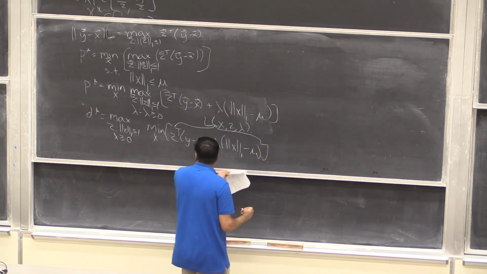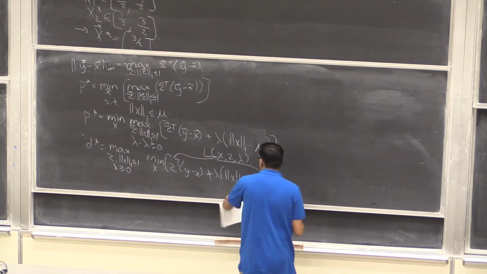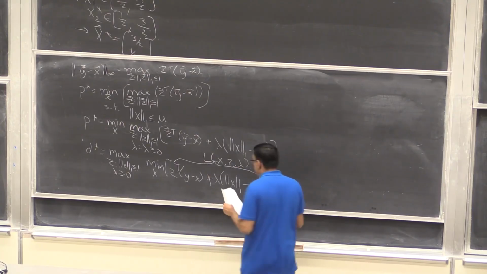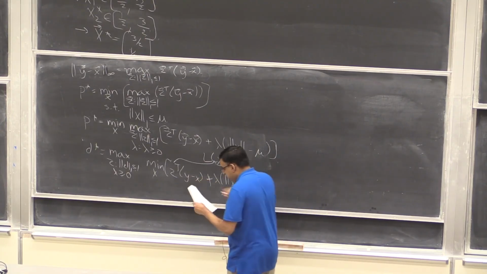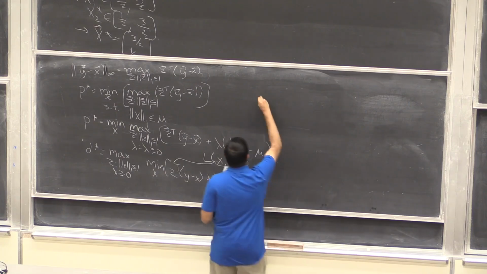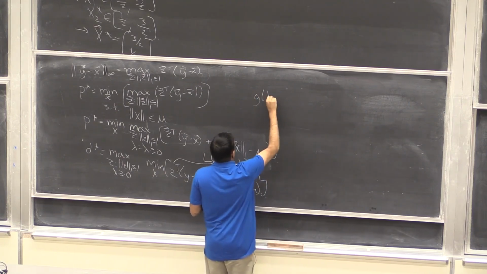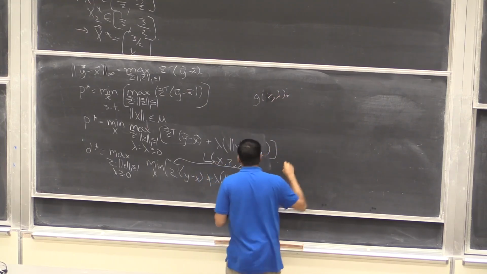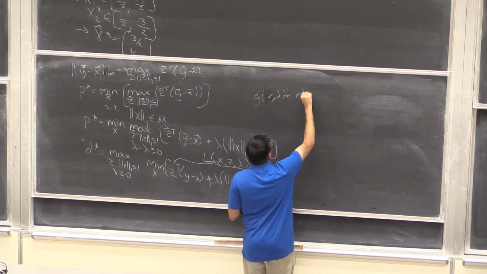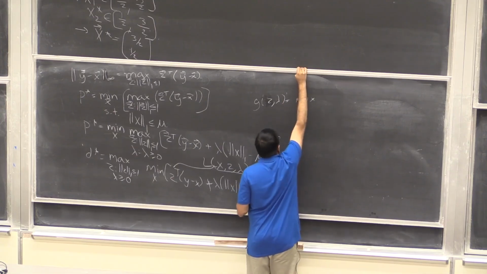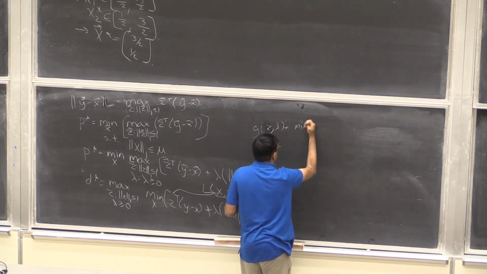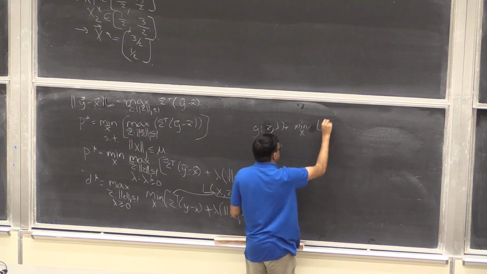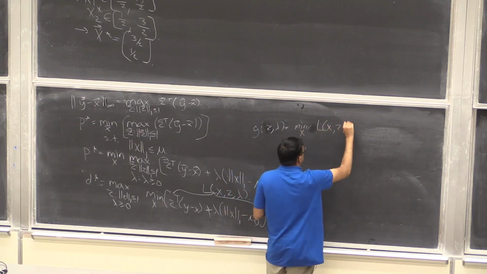Okay, so we want to show that this minimization is equal to, let's say g of z and lambda is equal to min over x of the Lagrangian.